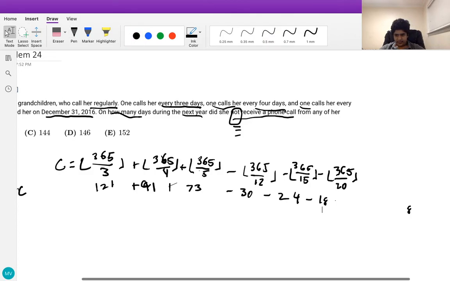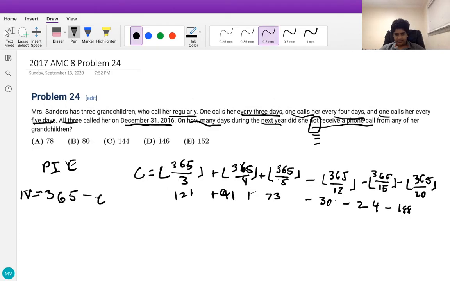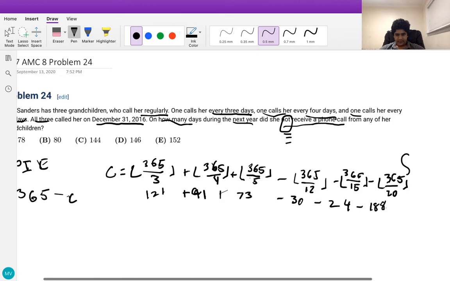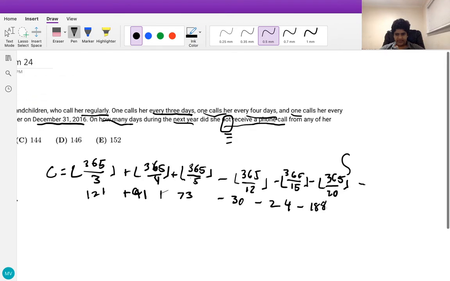This time it's the floor of 365 over 3 times 4 times 5, which is 60. And this one's going to be a plus in the principle of inclusion-exclusion. So you add 6.